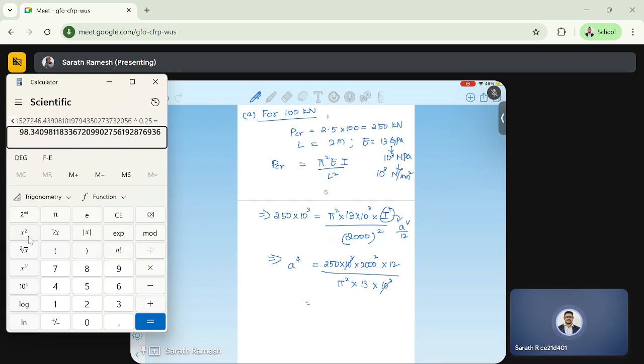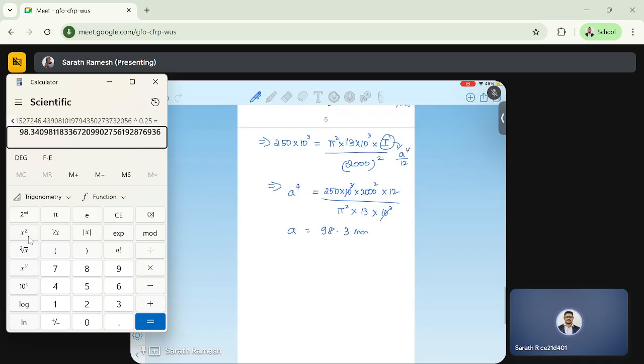So I'm getting around 98.3 mm. Let's take it as 100 mm. So a is 100 mm.